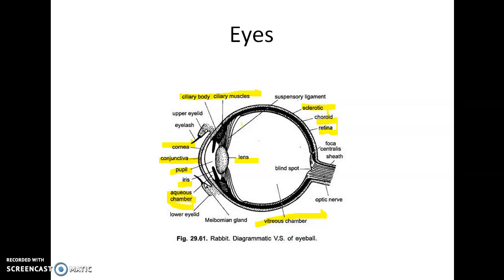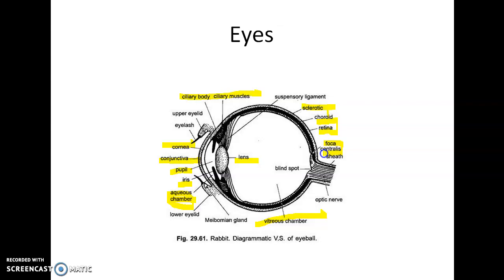Somewhere in the center of the back of the retina is a small area called area centralis, macula lutea or yellow spot.